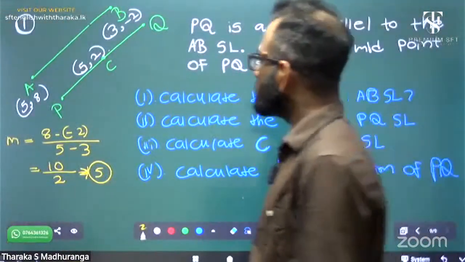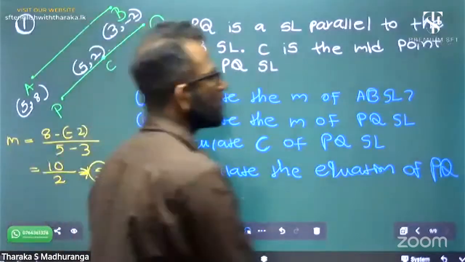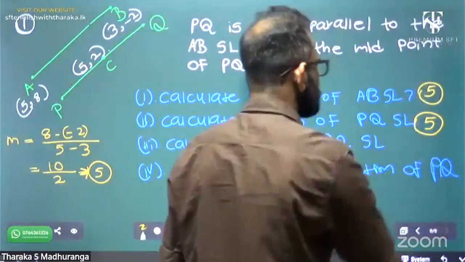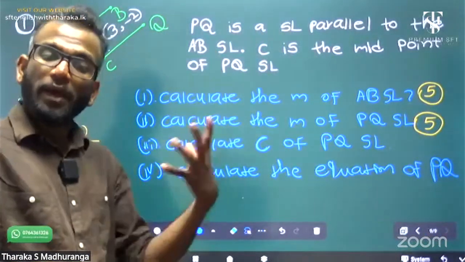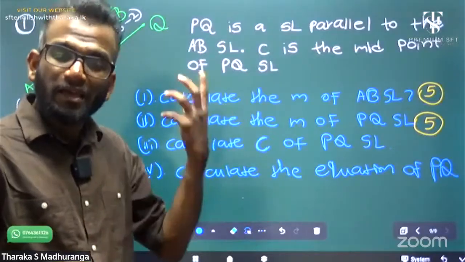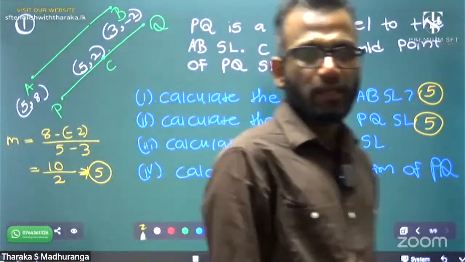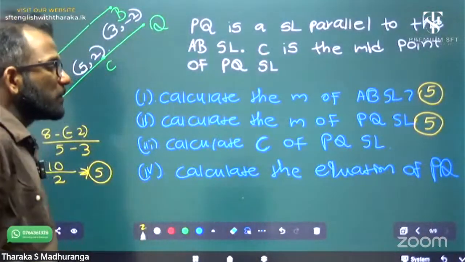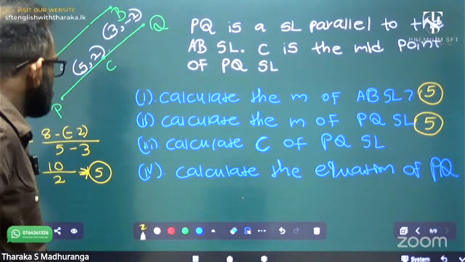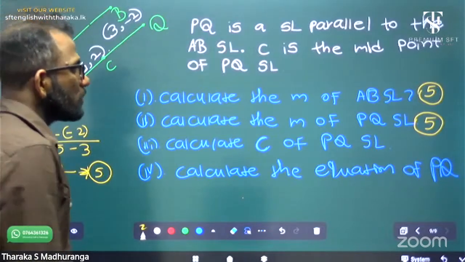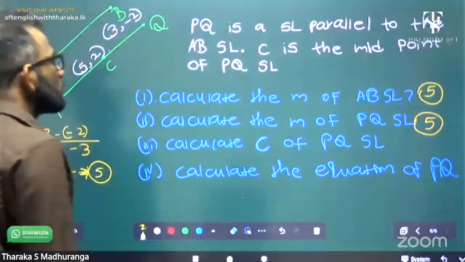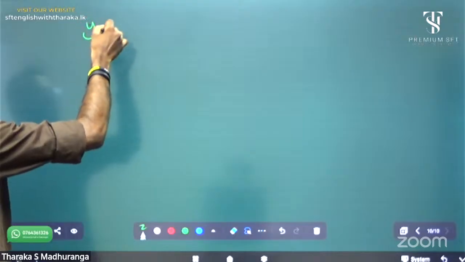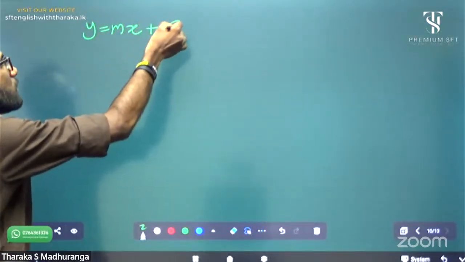Then what is the PQ straight line gradient? PQ straight line gradient is also 5, because both are parallel. If they are parallel, what happens? Their gradients are equal. Calculate the C, that means the intercept of PQ straight line. The gradient you found, now you can substitute into our basic equation y equals mx plus c. What's the intercept?